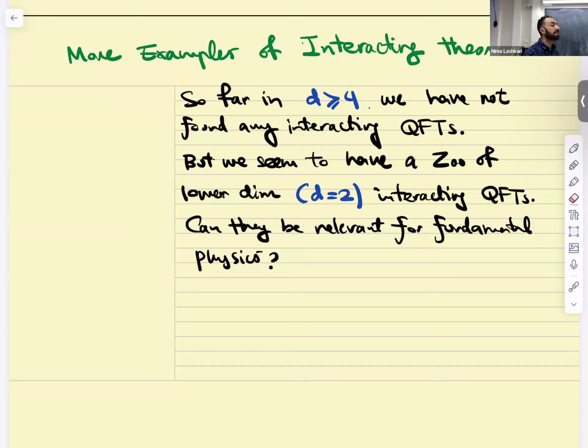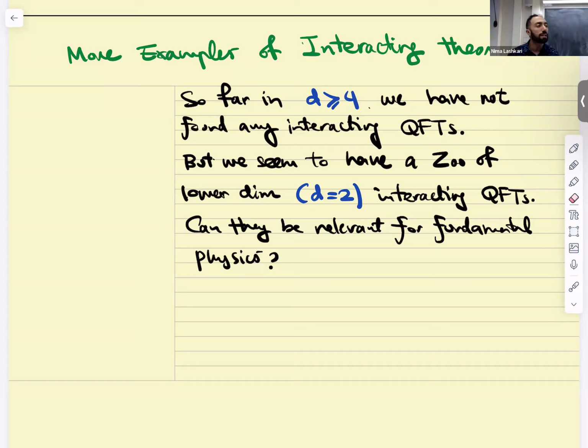So now the question is, can we use 2-dimensional quantum field theory to describe fundamental physics? Remember the mentality, right? Let's say we haven't seen QCD yet, but most of these models that we're trying to build up in 4 dimensions were turning out to be true.